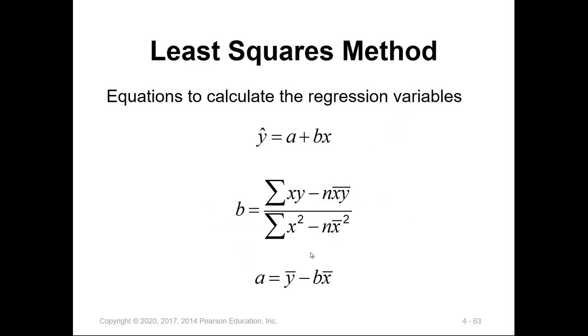The regression equation, which is y hat equals a plus bx. b can be calculated by dividing the summation of x multiplied by y minus n multiplied by x bar, and y bar, the averages, by the summation of x squared minus n multiplied by x bar squared, while the y-intercept a will equal y bar minus b x bar.